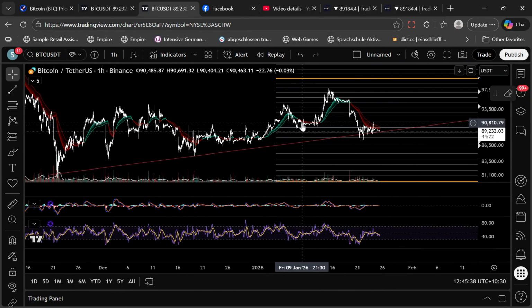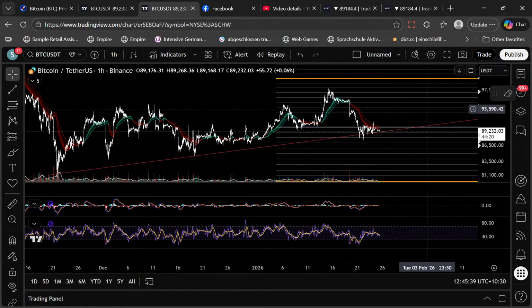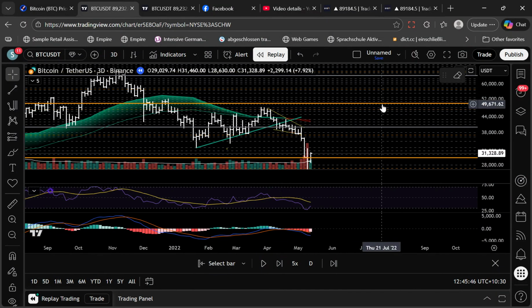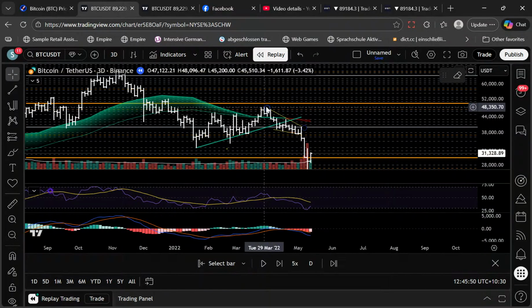But I actually want to compare this pattern, which is quite similar to the pattern that we saw in 2022. We had this relief rally and failed to get back onto the 100. It's the 50K here, but it's very similar to the 100K in today's price action.